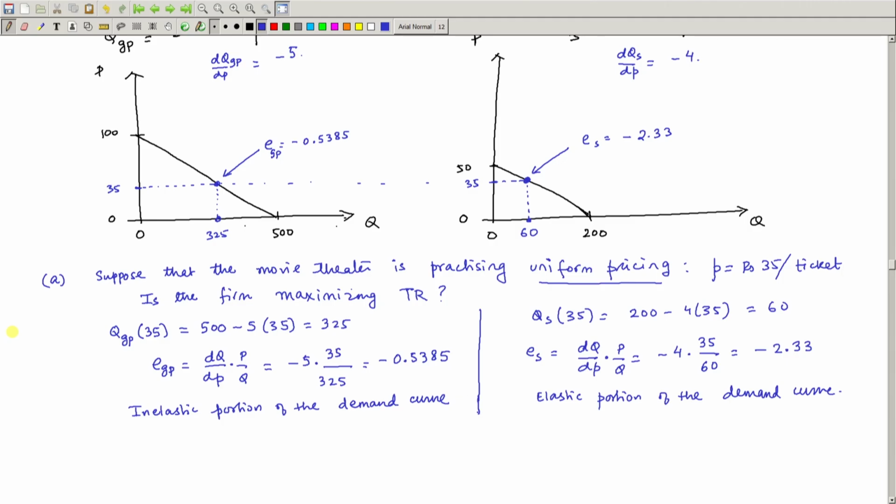Now, we know both these cases are not in line with our notion of revenue maximization, because revenue is maximized at the unit elastic point.